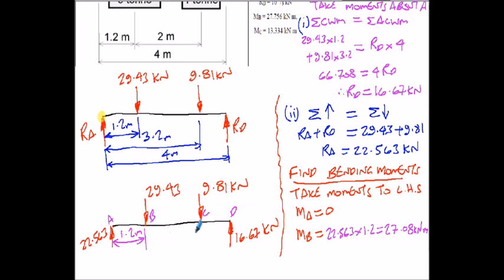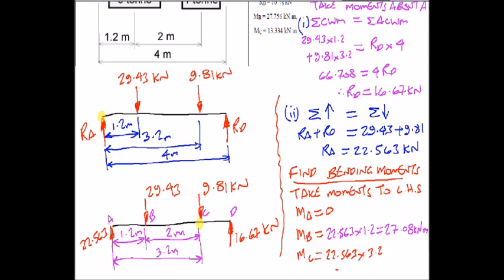I go to the left of point C in this particular case, and looking at my geometry, that's going to be 3.2 from above. I also need this distance in here now, and that's going to be 2 meters. Okay, so my bending moment now to the left of point C, I will get the 22.563 multiplied by 3.2.